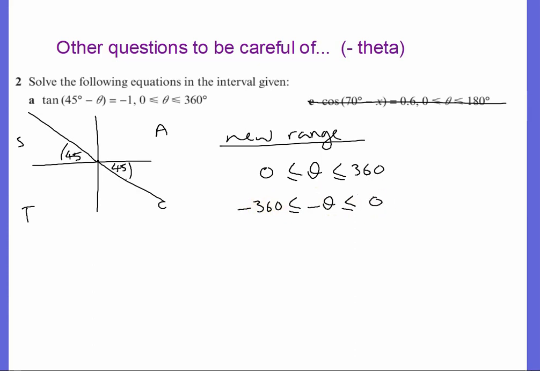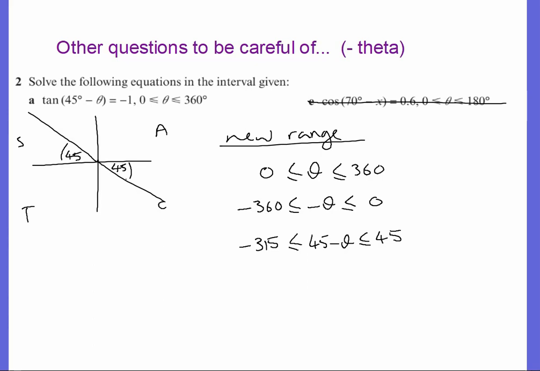Okay? But we've also got 45 being added on. So 45 minus theta means we're going to go as far up as 45 and as low as 315. And lots of people get that part wrong and end up messing it up.